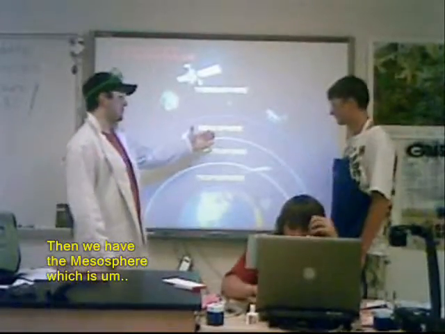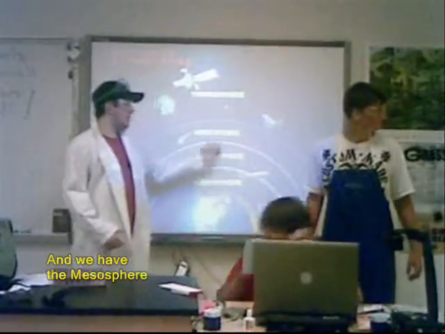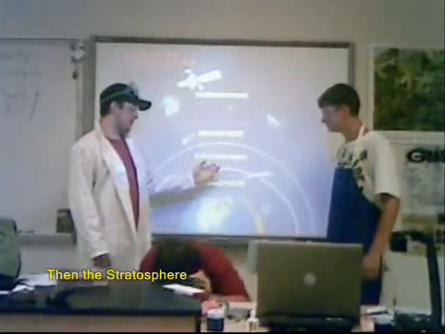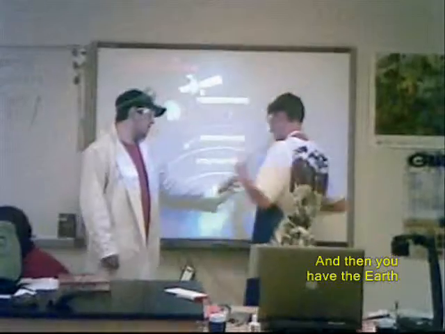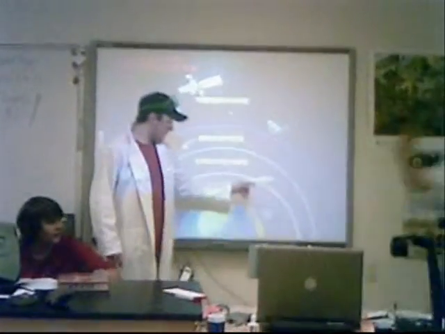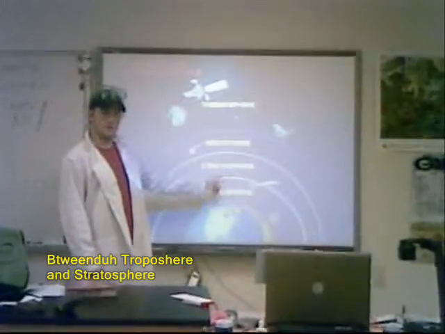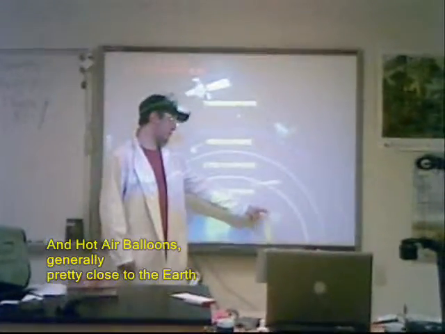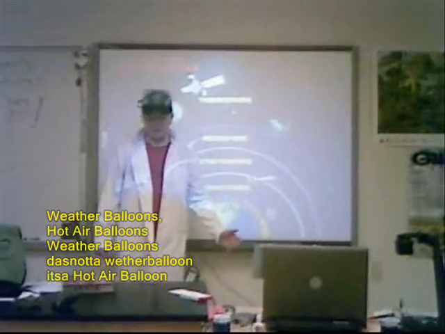Then we have the mesosphere, where the space shuttle flies, obviously. Then the stratosphere, then the troposphere, which is the closest to the Earth. Airplanes generally fly between the troposphere and the stratosphere, and hot air balloons fly pretty close to the Earth.